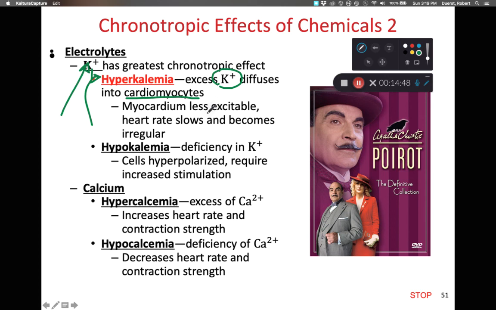And that is going to hyperpolarize the cardiomyocytes, making them less excitable. So too much potassium, hyperkalemia, is going to slow our heart rate down and make it very irregular. And if we have even more potassium building up in our bodies, our heart will eventually cease to beat.